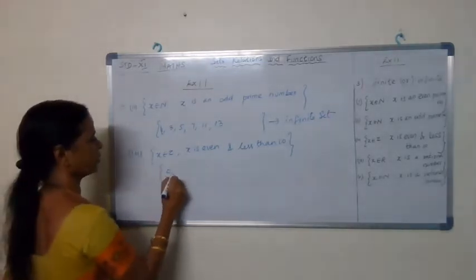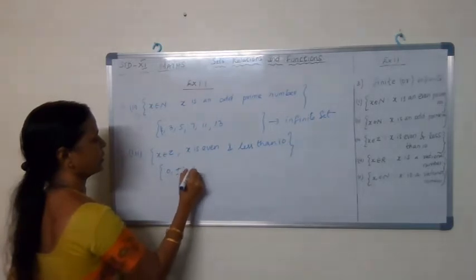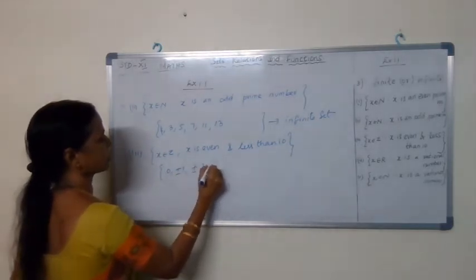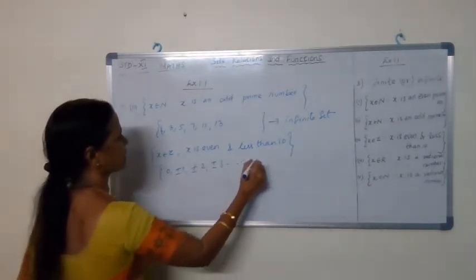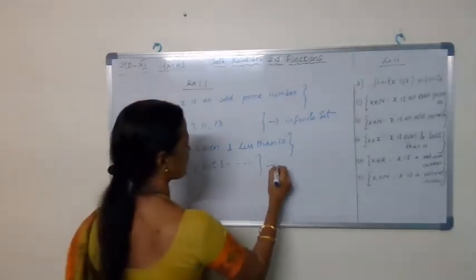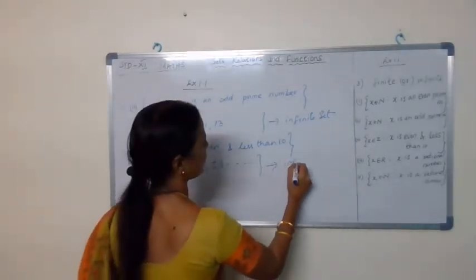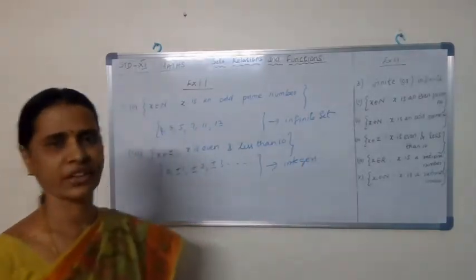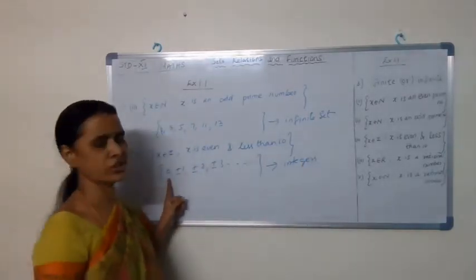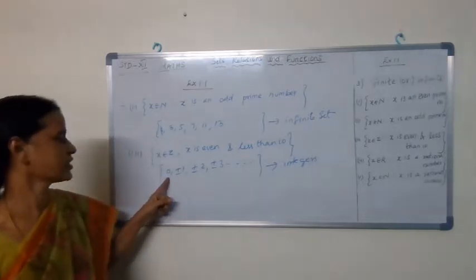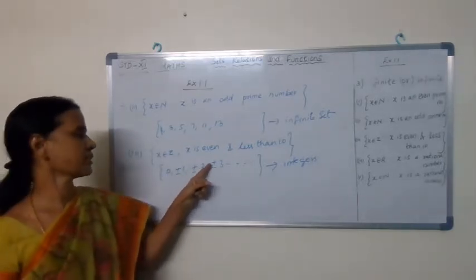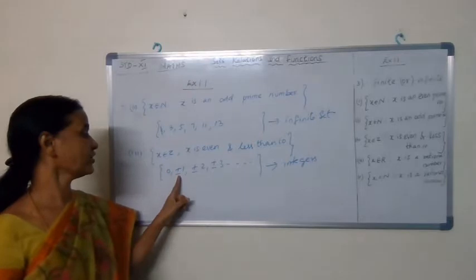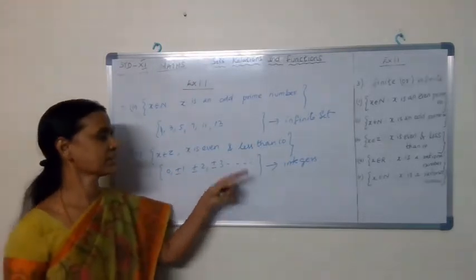Integers are 0, plus or minus 1, plus or minus 2, plus or minus 3, etc. You have positive values as well as negative values. Integers include 0 as well: positive values 1, 2, 3, etc., and also minus 1, minus 2, minus 3, etc.